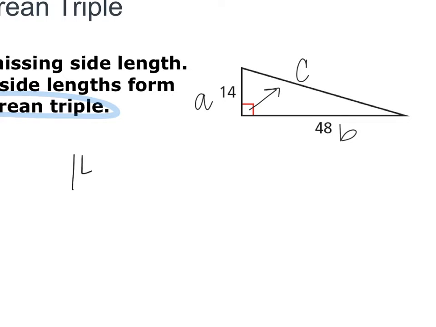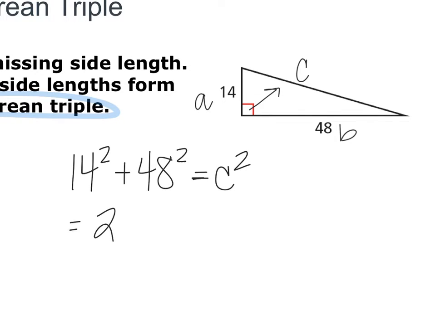So we have 14 squared plus 48 squared equals c squared. I'm going to plug this into the calculator, so I'm going to skip this next step. So 14 squared plus 48 squared gives me 2500 equals c squared.